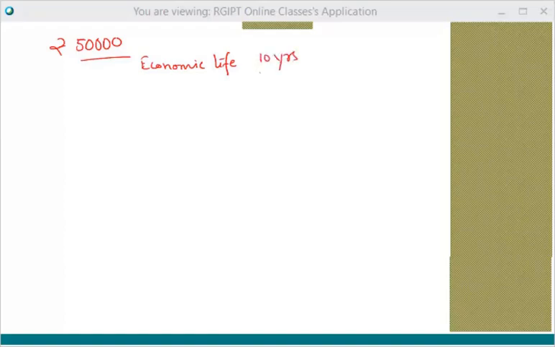It looks like it will last 10 years, after that. So calculate the equivalent annual cost of the equipment at 8% effective interest rate.